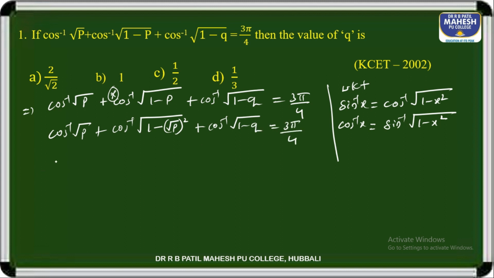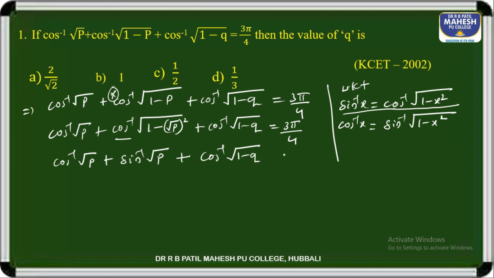Next, cos inverse root p plus, as I told you, cos inverse of root of 1 minus x square can be written as sine inverse x. Here cos inverse of root of 1 minus root p the whole square can be written as sine inverse root p using that standard property, plus cos inverse of root of 1 minus q is equal to 3 pi by 4.